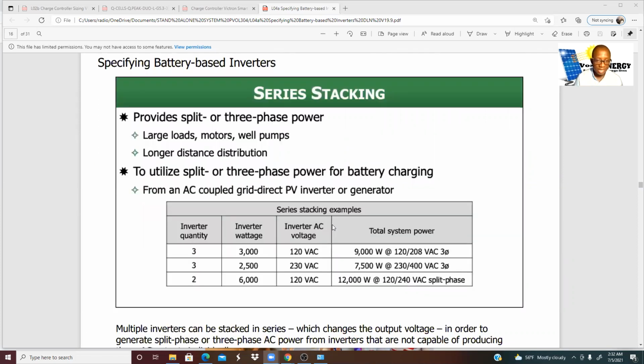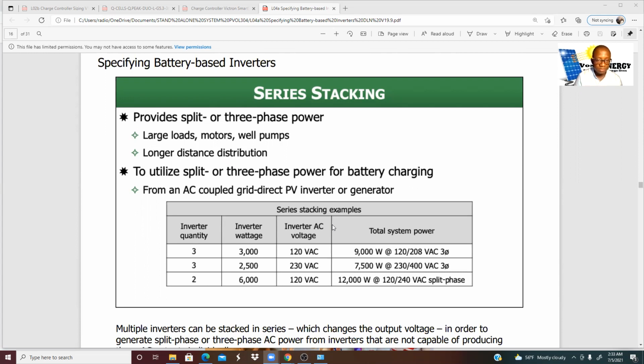Now, series stacking, when your inverters are in series, provides split or three-phase power for large loads, motors, well pumps, long distance distribution. To utilize split or three-phase power for battery charging from an AC coupled grid-direct PV inverter or generator: inverter quantity 3, inverter wattage is 3,000.